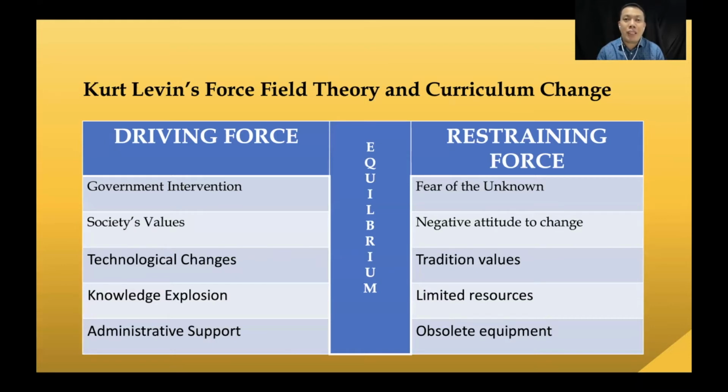For example, during the implementation of the K-12 curriculum, though others may say that the additional 2 years in senior high school are not part of the development of their children, or may not serve as a tool for them to finish college earlier, as the government implemented this, the society's values helped the government to accept these changes in the curriculum.